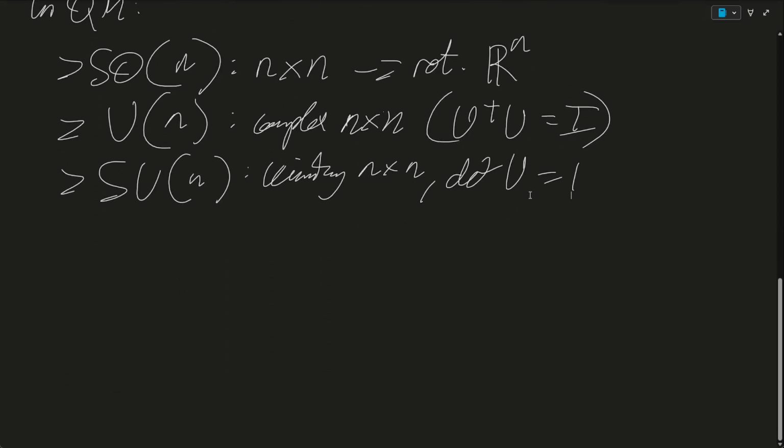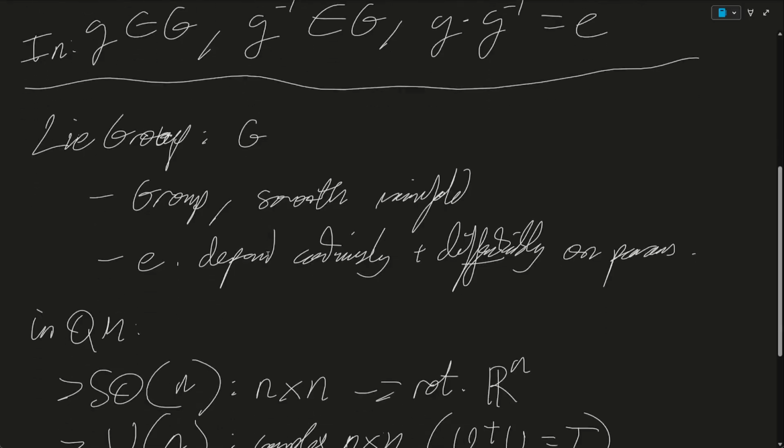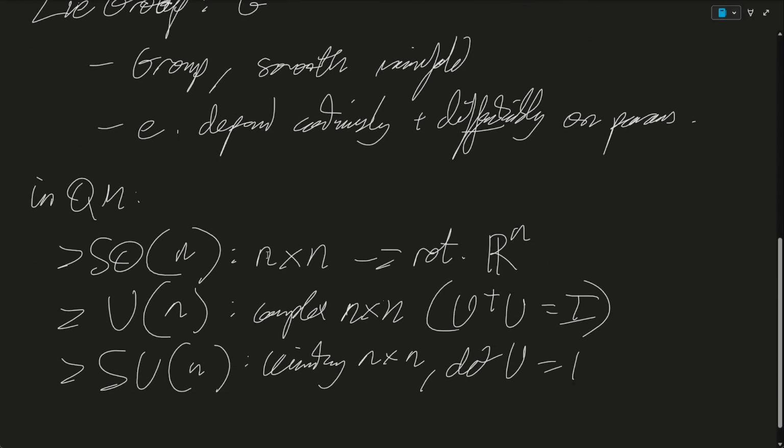These are the three main ones that we deal with. A group element depending on a continuous parameter theta defines a smooth curve g(theta) through the group, and g(0) is e, the identity. So that's the Lie groups that we'll be looking at on a very surface level.